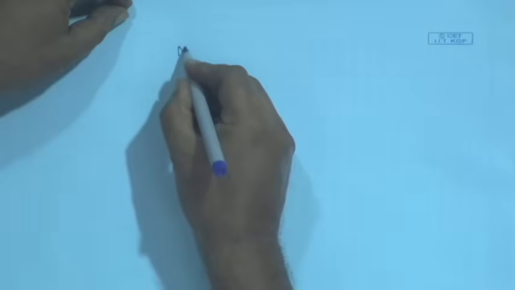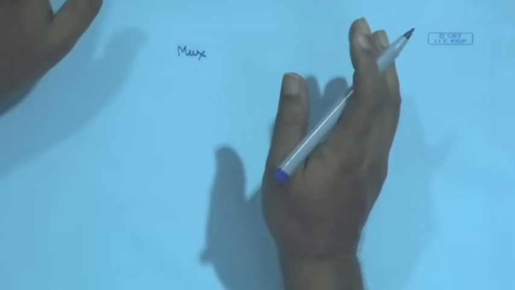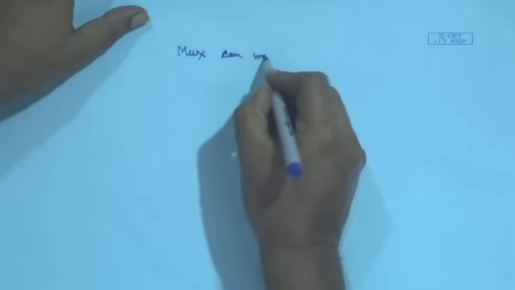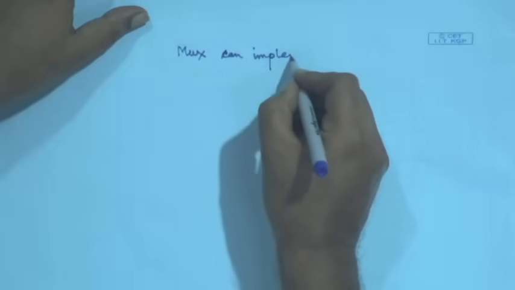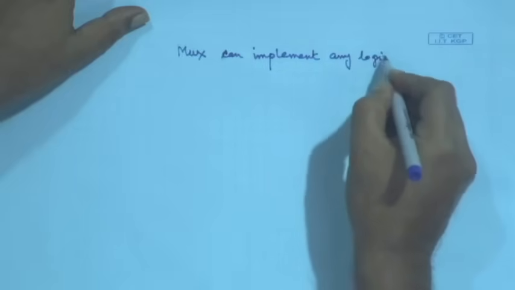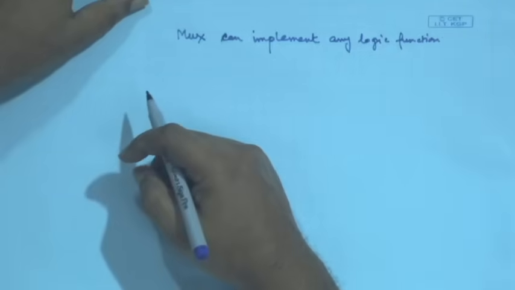Now, if I say a multiplexer is a universal gate, would you agree? I should not say it is a universal gate, but a mux can implement any logic function. Is it true or false?